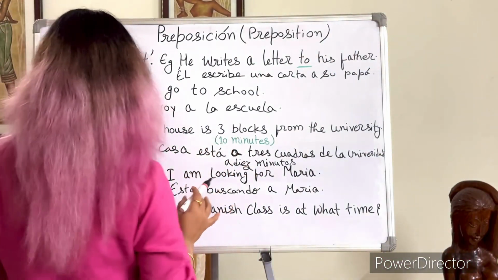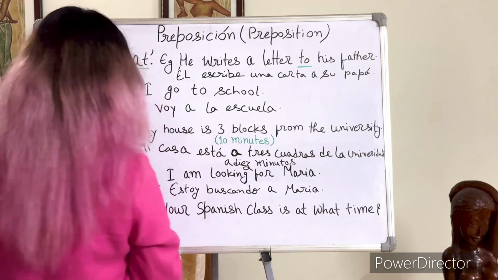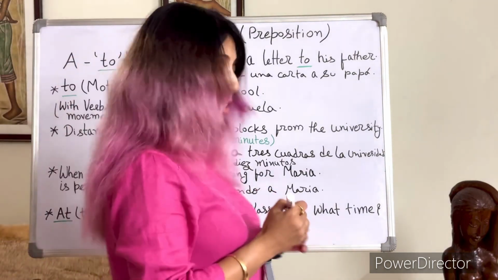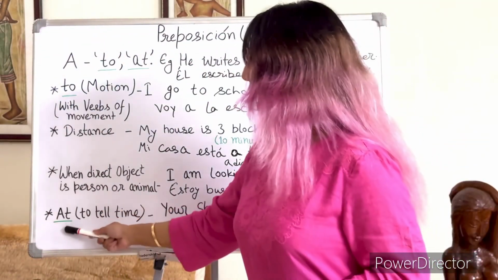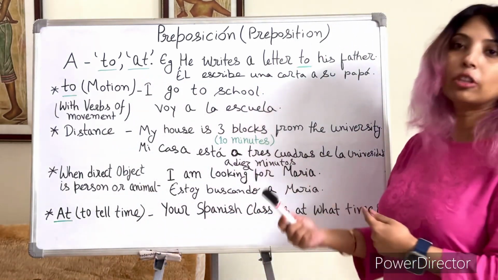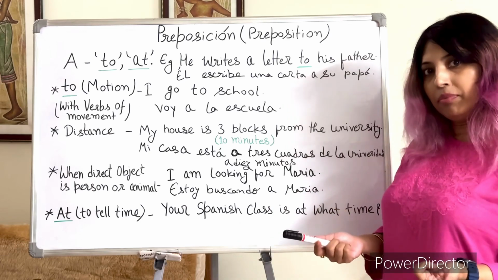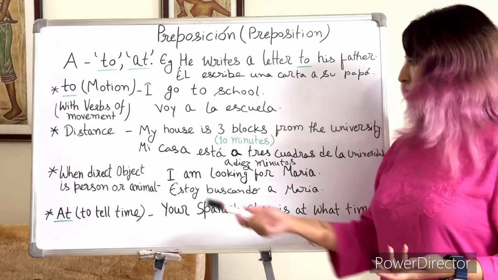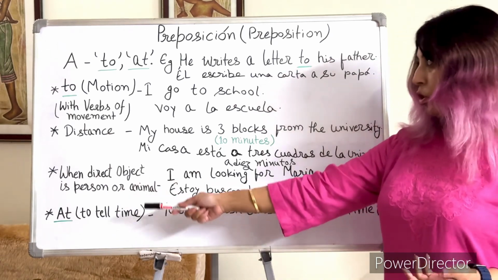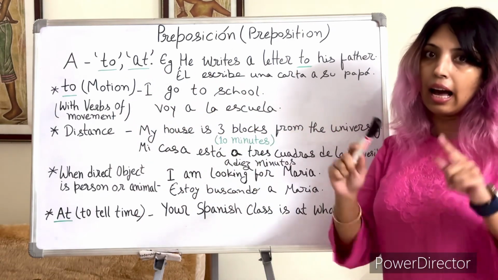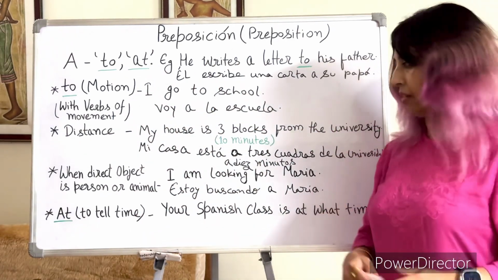And our next example is at. This is also very important use, like at when you are talking about time, like at what time. So to tell the time or to ask about time, you are supposed to use preposition a, that is a.